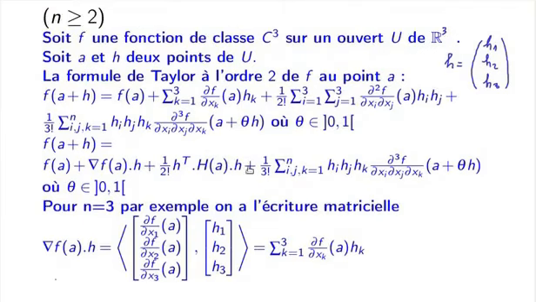The second quantity, which involves the second partial derivatives, can be expressed in the form h transpose, which is a row vector, multiplied by a matrix formed of the second partial derivatives, multiplied by the column vector h.